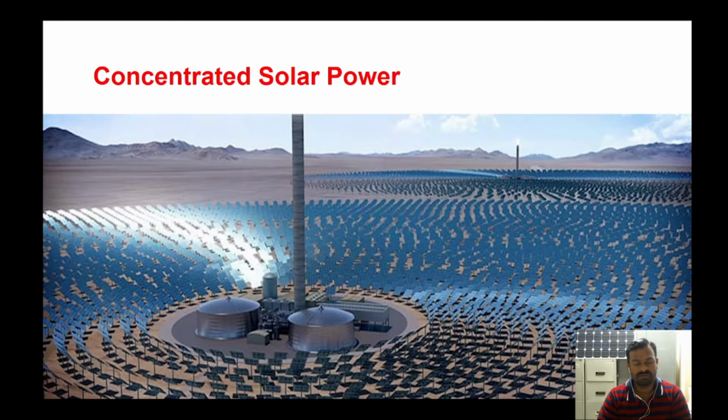The heat transfer fluid absorbs the heat energy, and this heat energy is utilized to produce steam, and the steam is used to propel the turbine, and the turbine is connected with the generator, and the generator produces the electrical energy. So this is the basic concept of concentrated solar power.